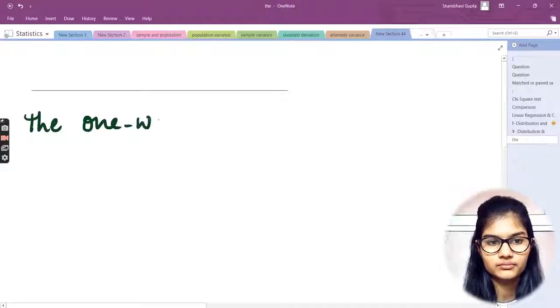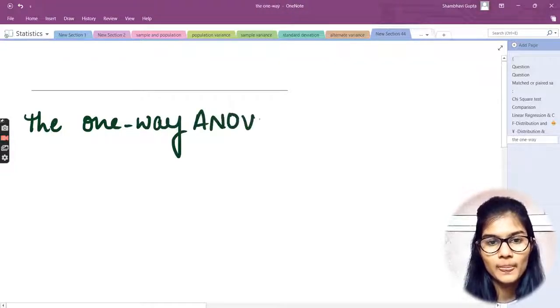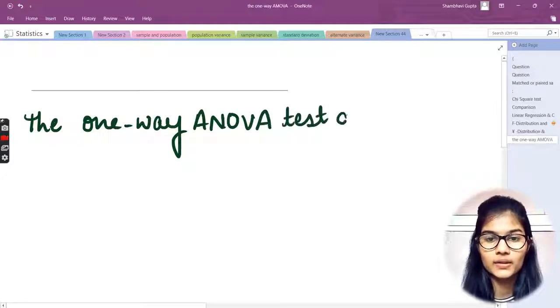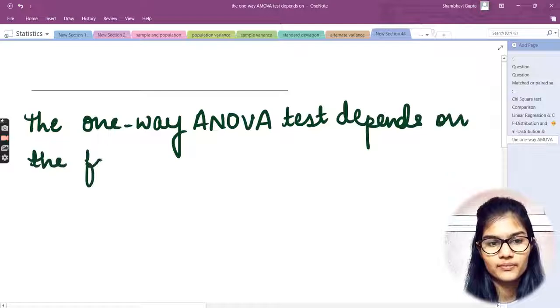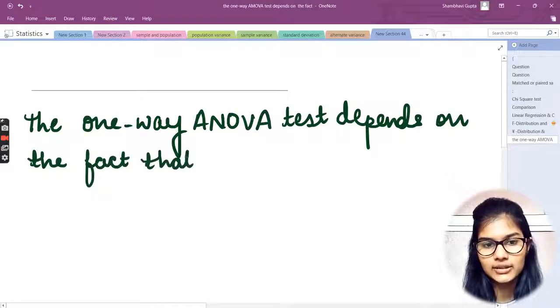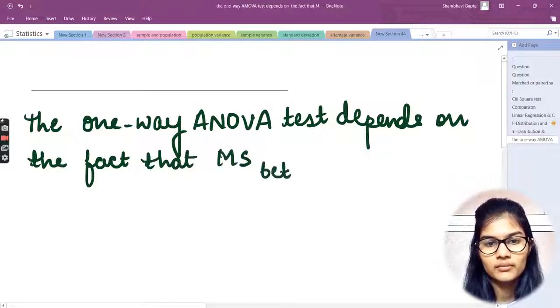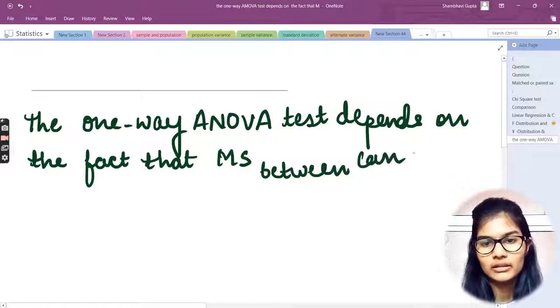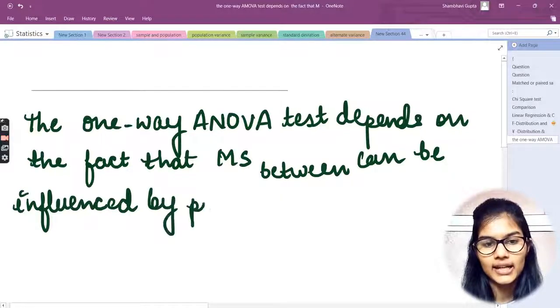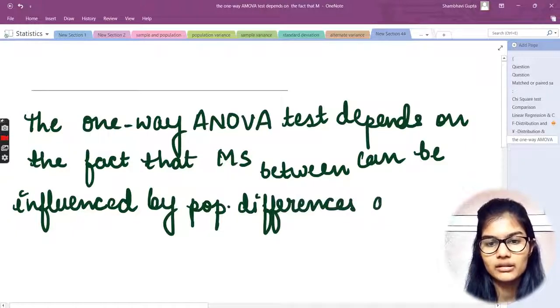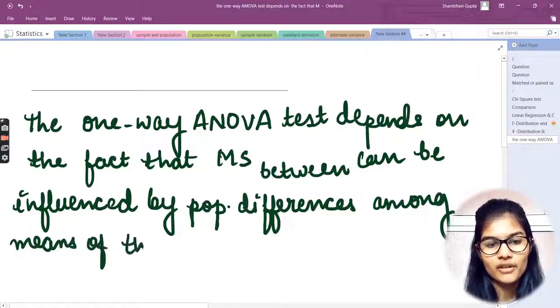The one-way ANOVA test depends on the fact that MS between can be influenced by population differences among means of the several groups.